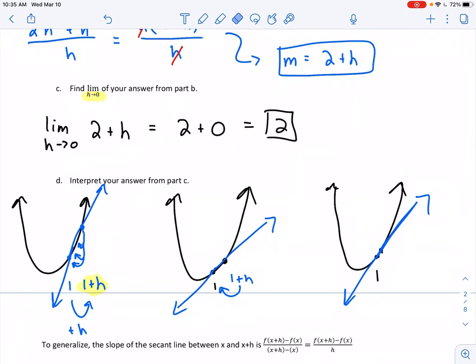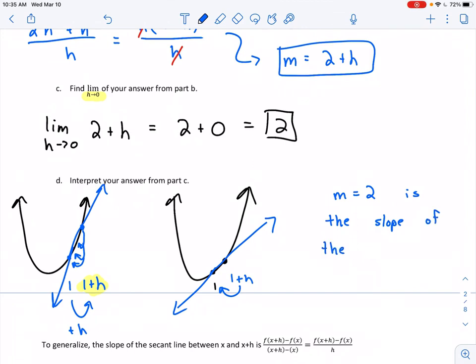So if I wanted to talk about, well, what does this problem mean? Why have I spent so long on this one problem? Part C, m equals 2 is the slope of the tangent line to our function f of x equals x squared at this particular x value that we were working with, which is 1.